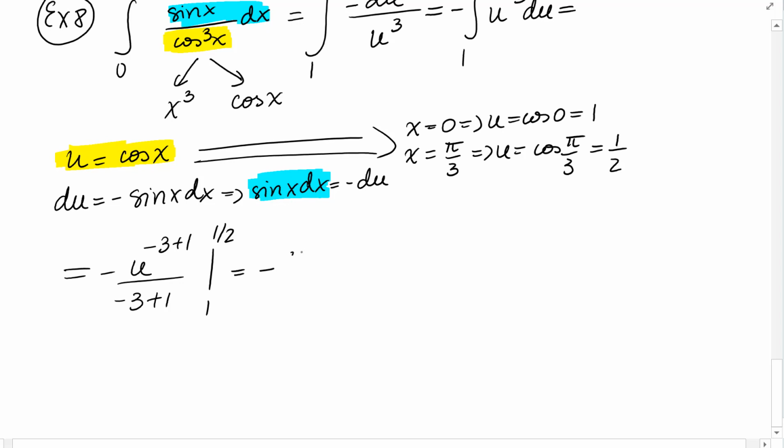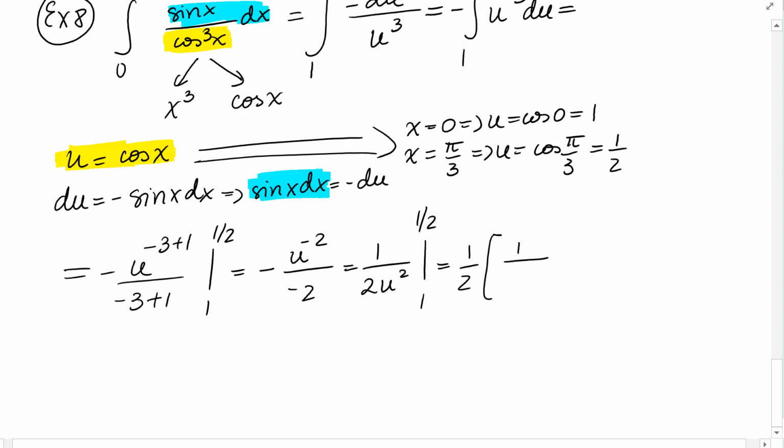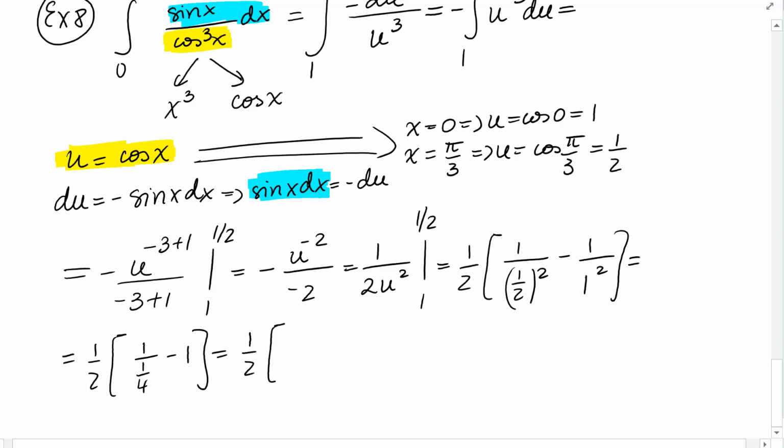Now we get negative u to negative 2 over negative 2, which means 1 over 2 u to the second evaluated from 1 to a half, which means 1 over 2 times 1 over 2 to the second minus 1 over 1 to the second. So we get 1 over 2 times 1 over 1 over 4 minus 1. 1 over 1 over 4 means actually 4, so we get 3 over 2.